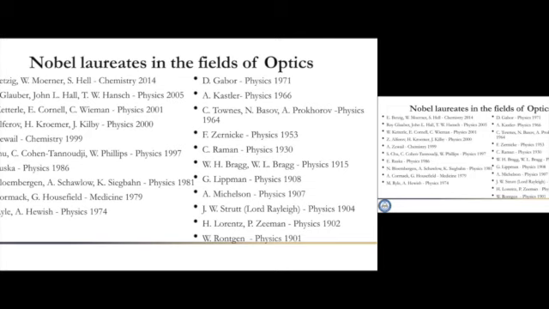In chemistry, Betzig, Moerner, and Hell invented a new type of microscopy for sub-diffraction limited microscopy, which has been highly useful in the fields of biological physics and medicine and so on. So as I just mentioned, that was about all the different discoveries in the field of optics in the last 120 years or so.